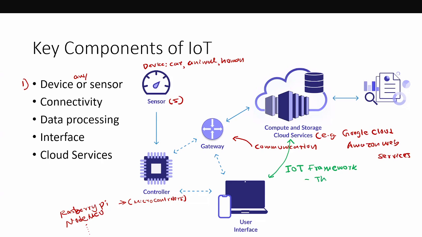One popular example is ThingSpeak. We also have Google IoT Core and the Amazon IoT versions, with the cloud and the interface. Connectivity can also be called communication. So these are the five components of an IoT system, and these are the main components.